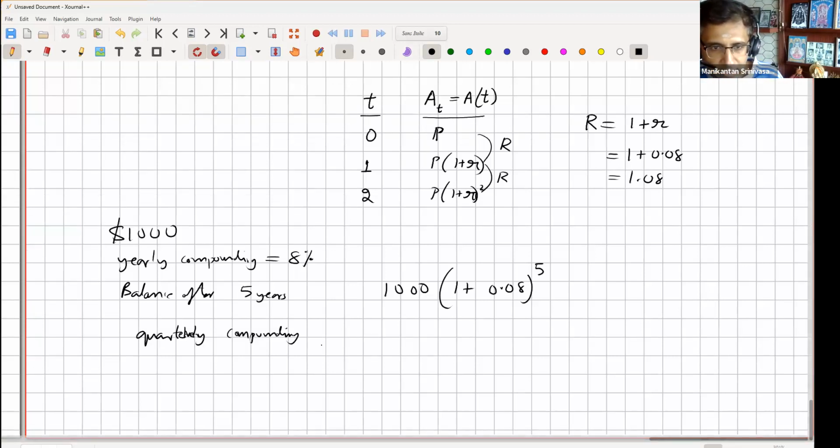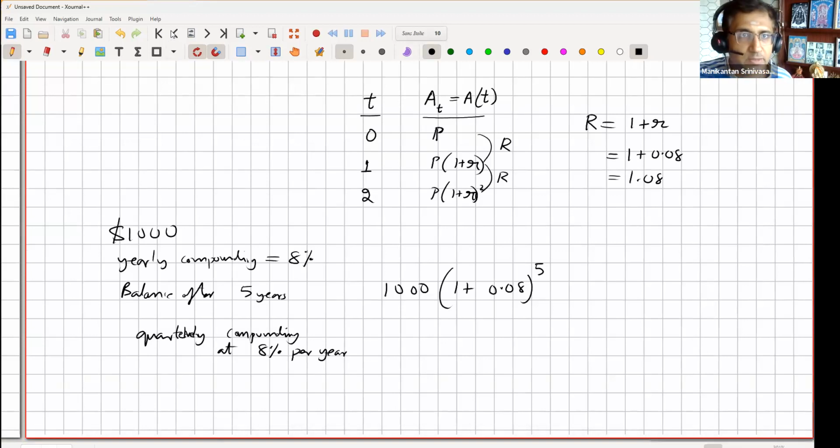So quarterly compounding at 8% per year. So this is confusing, right? What this means is the interest equivalently for the year is 8%, but the compounding frequency is every quarter, which means literally you're getting a 2% interest. 8 by 4 is 2%, right? 2% interest every quarter.